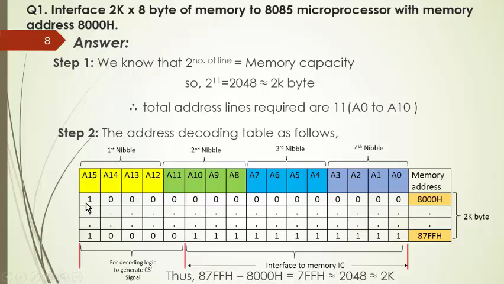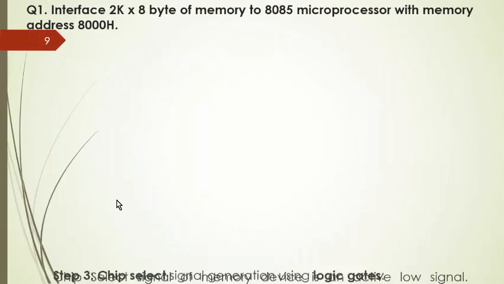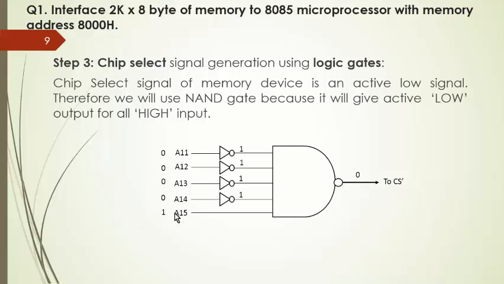Okay, so suppose the remaining address lines A11 to A15, if you connect to NAND gate, you will get active low. But in this case, see here, A15 pin is active high and A11 to A14 are active low or 0.